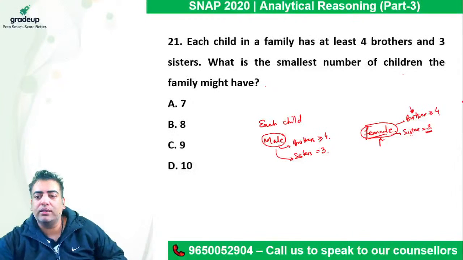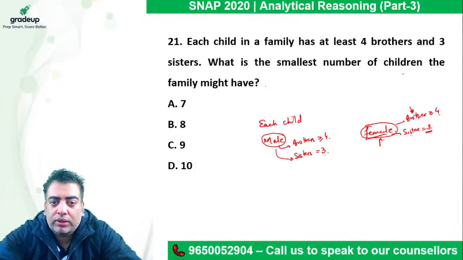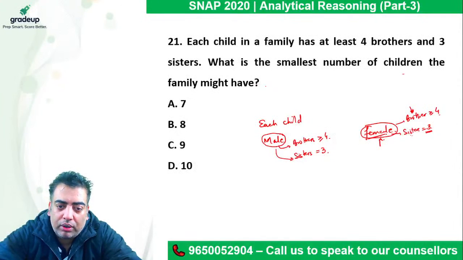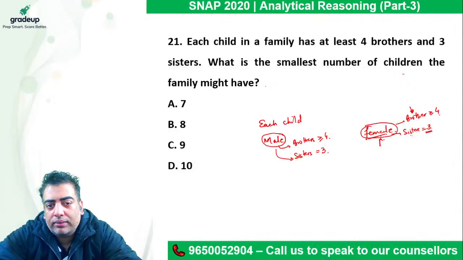Is that done, guys? So this is a very beautiful example of reasoning, right? So this should be dealt very, very slowly, keeping in mind what could have been the scenario. Is it done?